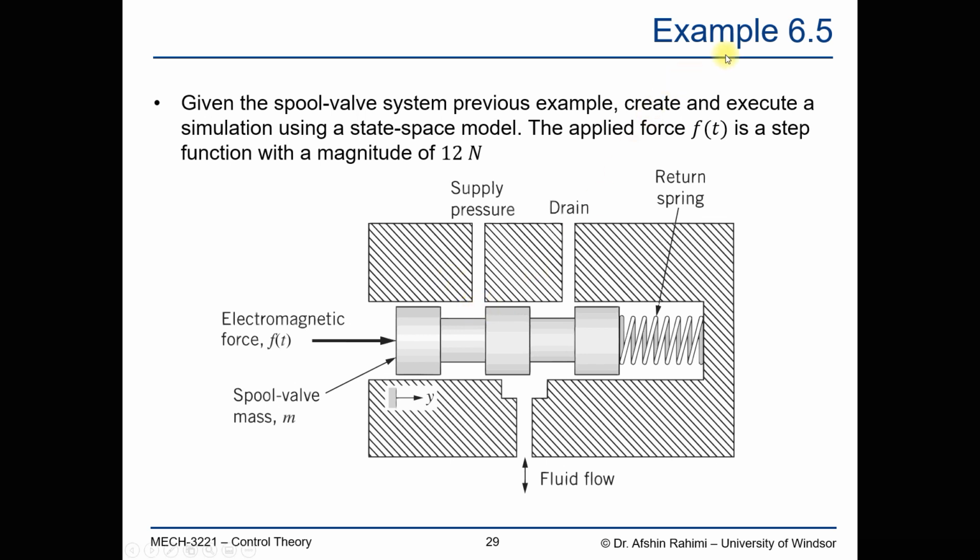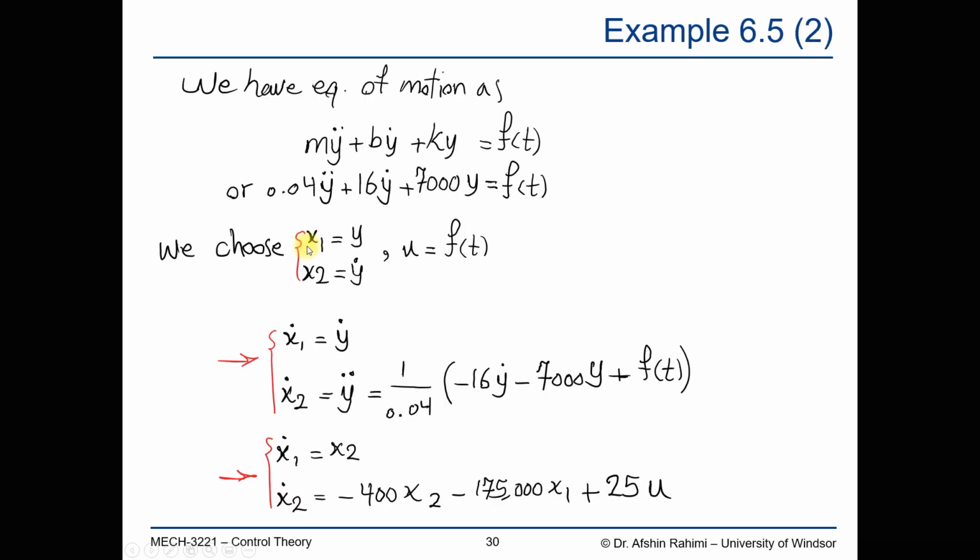Now, the next example is giving us, again, the same system, but is asking us to, instead of using a transfer function, use a state space model to do the same thing for our system. So to be able to do that, we have to first put our system into state space form. We have the equations of motion.